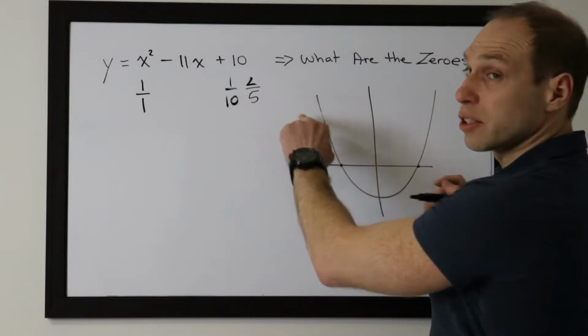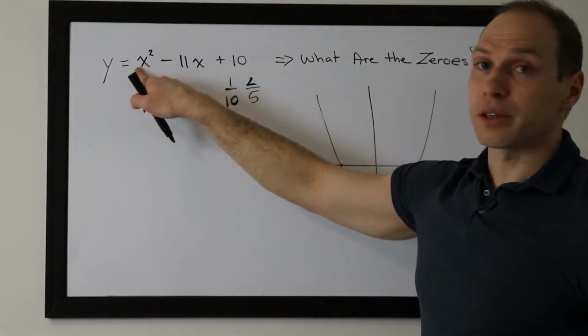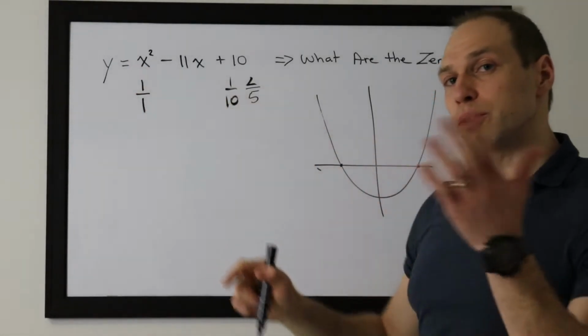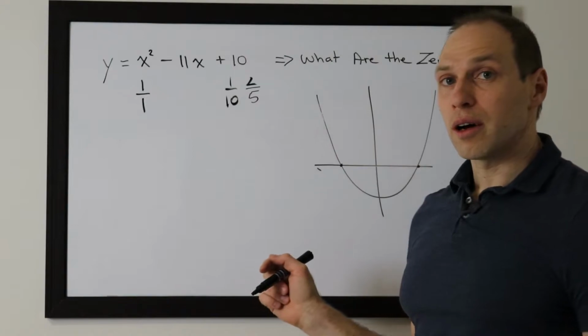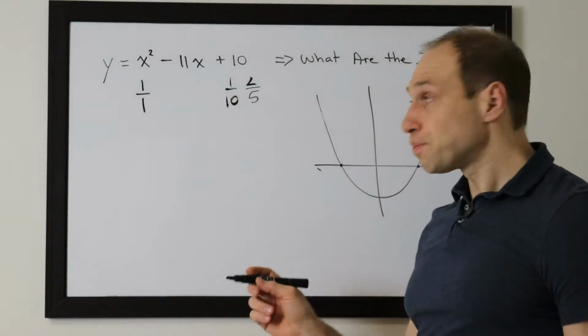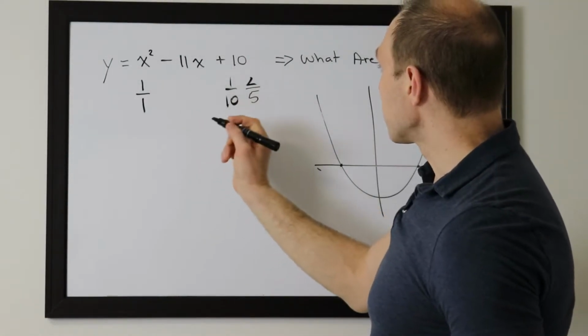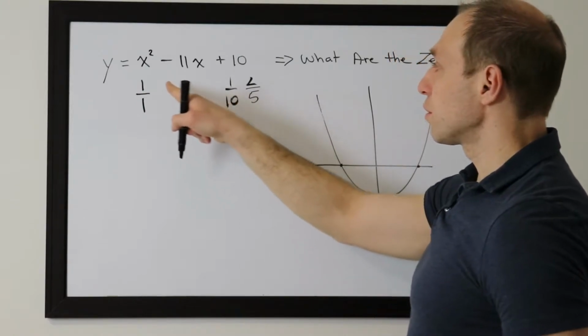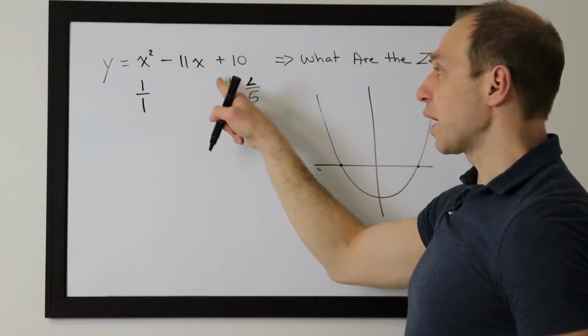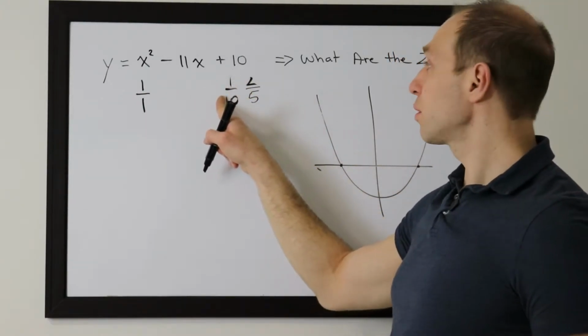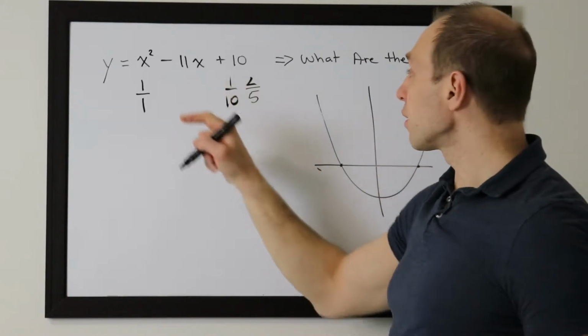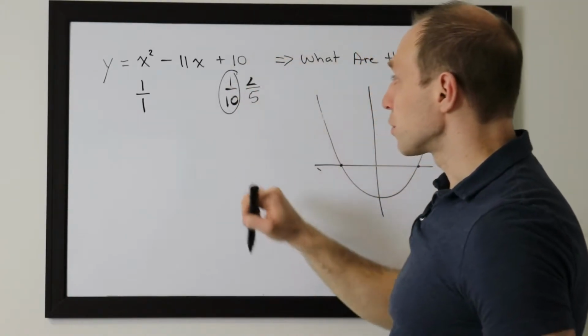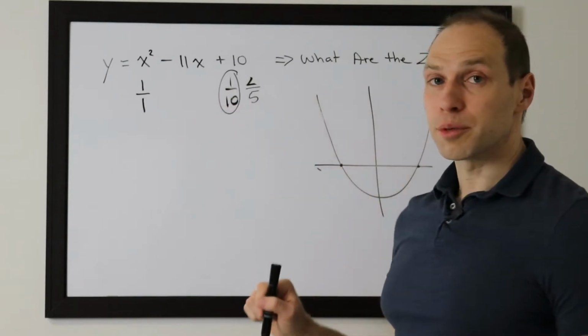It usually is helpful when there is a number in front of x squared, but those are more complicated types of factoring questions. Okay, so what are the numbers that we can multiply together that when we add or subtract, we get the number 11? And the answer is those two numbers, the number 1 and the number 10.